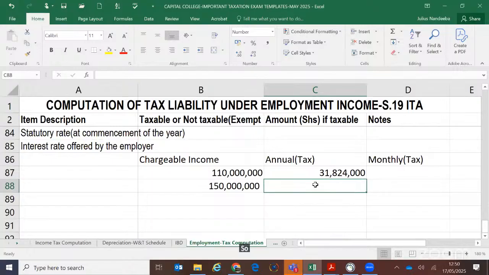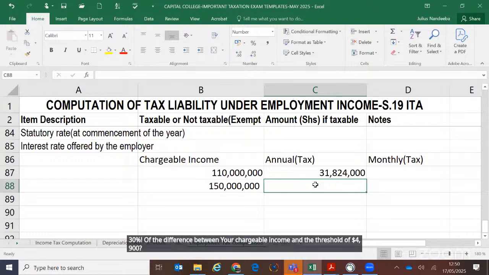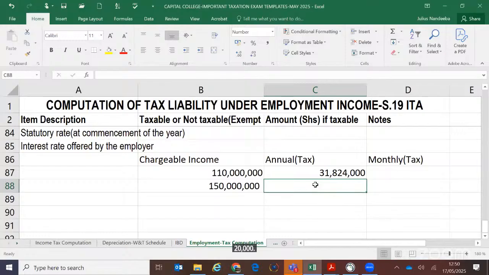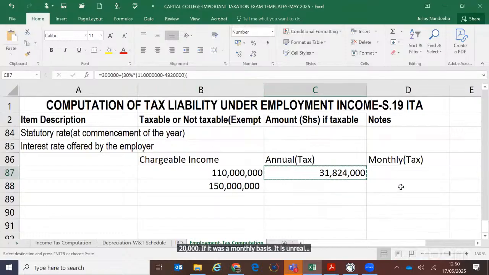So you get 300,000 plus 30% of the difference between your chargeable income and the threshold of 4,920,000. If it was a monthly basis, it is only this that is going to change.